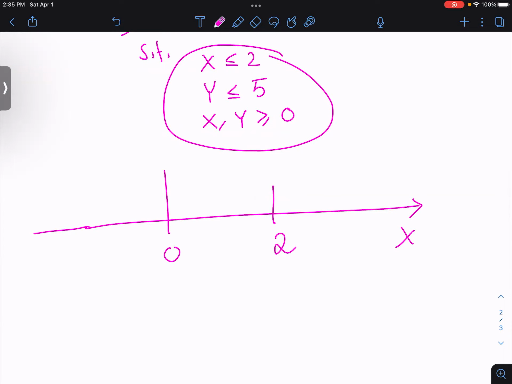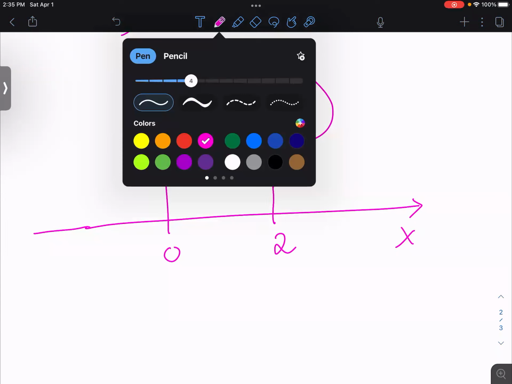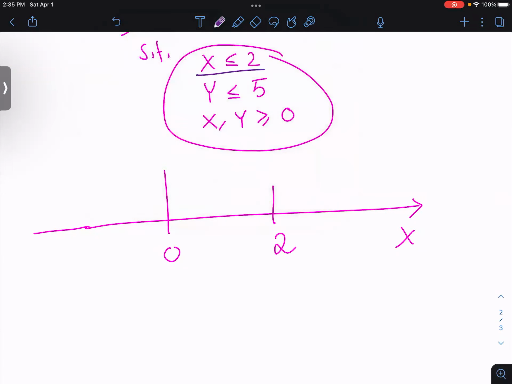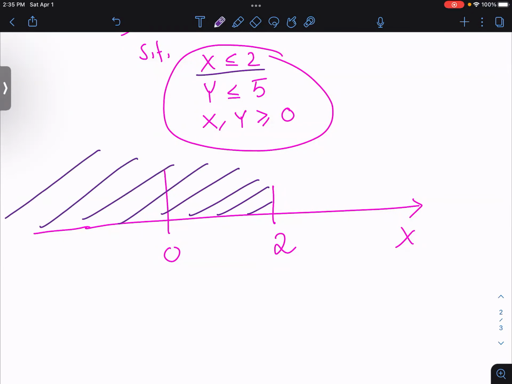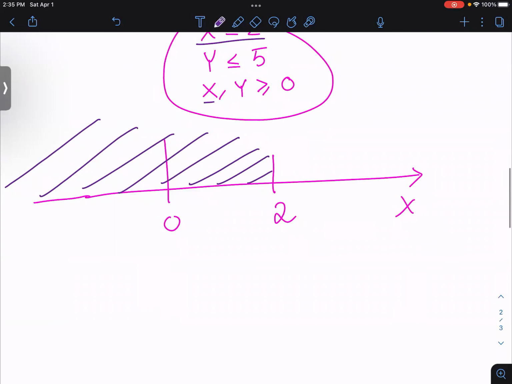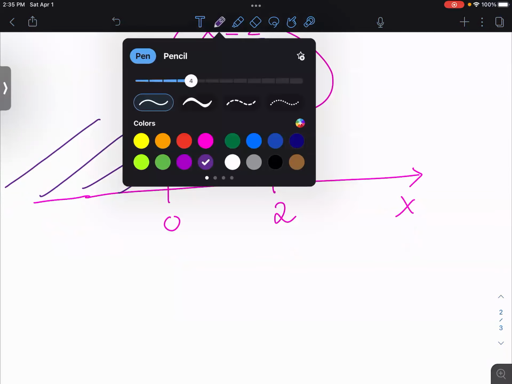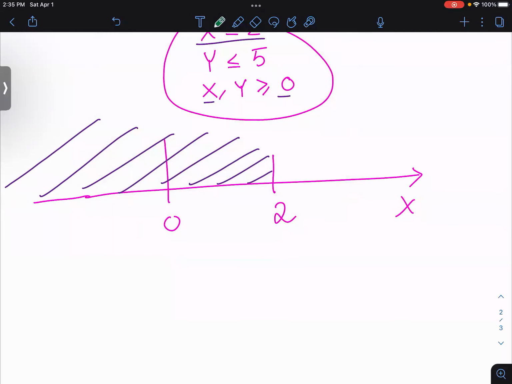The first constraint tells you that x needs to be less than or equal to 2, which means x needs to be somewhere here, right? This constraint on x tells you that x needs to be greater than or equal to 0, which means x needs to be beyond 0, so somewhere here.